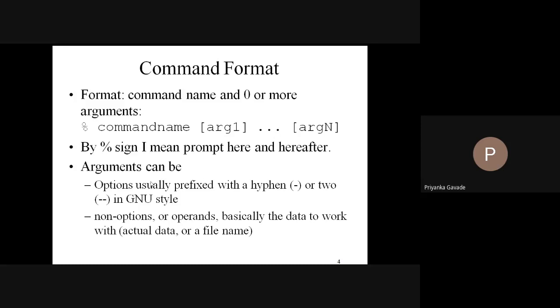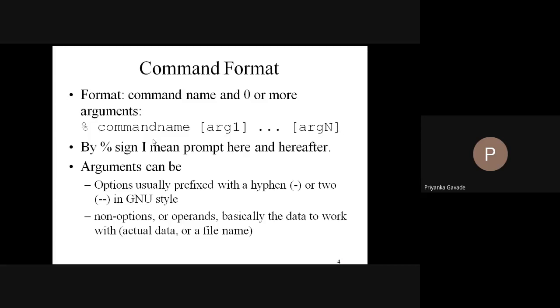We are also aware that the options are usually prefixed by a single hyphen, or sometimes we can also make use of double hyphens, right? And there are varieties of commands. For example, some commands may not take options at all, and some commands may take options and leave away the arguments.